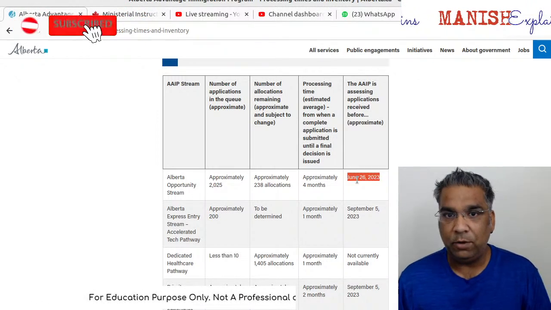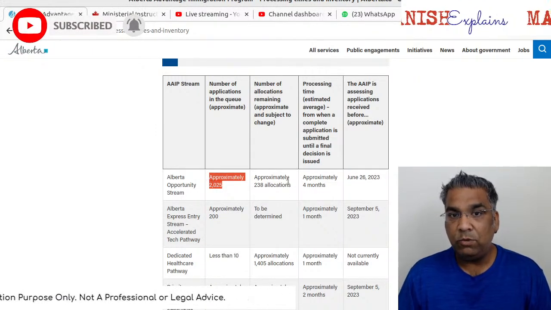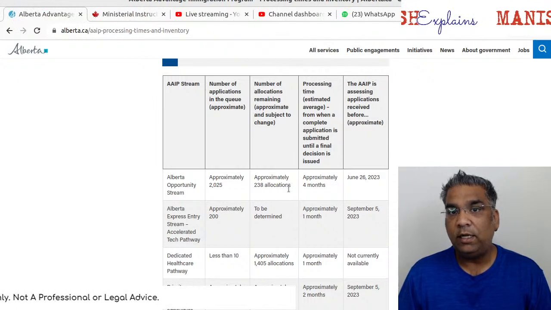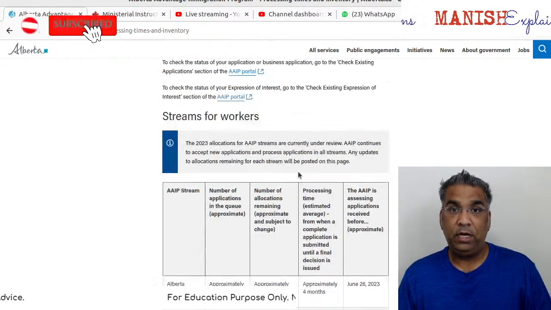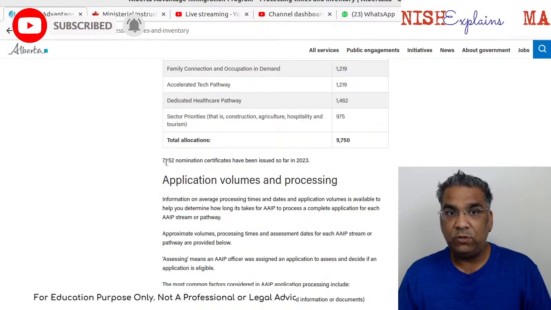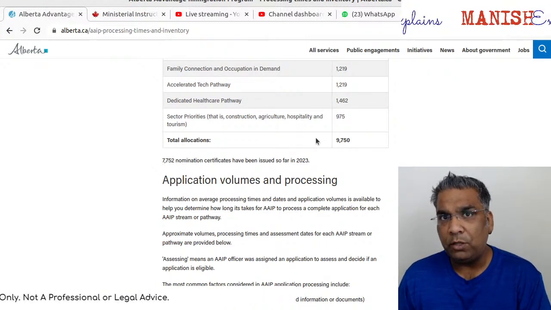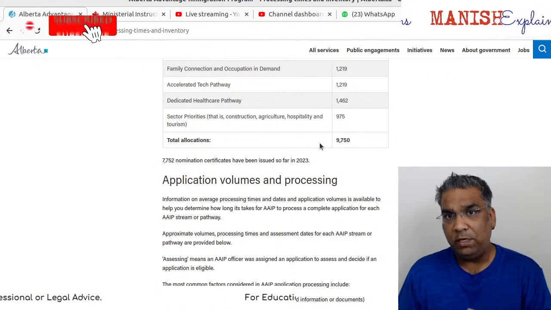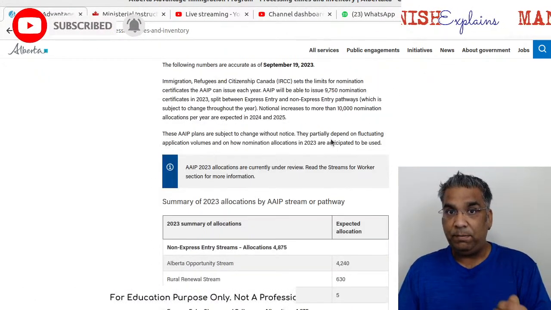They have almost 2000 applications in the queue, and 238 nomination limits remaining. But understand this, out of 9750, 772 have been issued, so they still have almost 2000 nomination limits remaining as of the 19th of September.